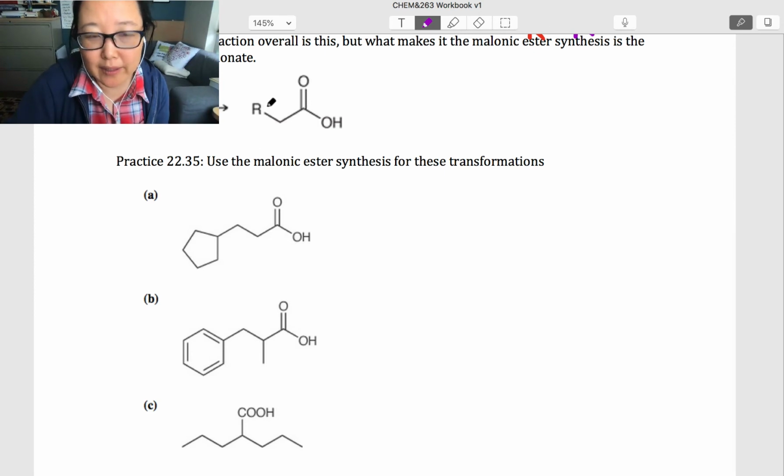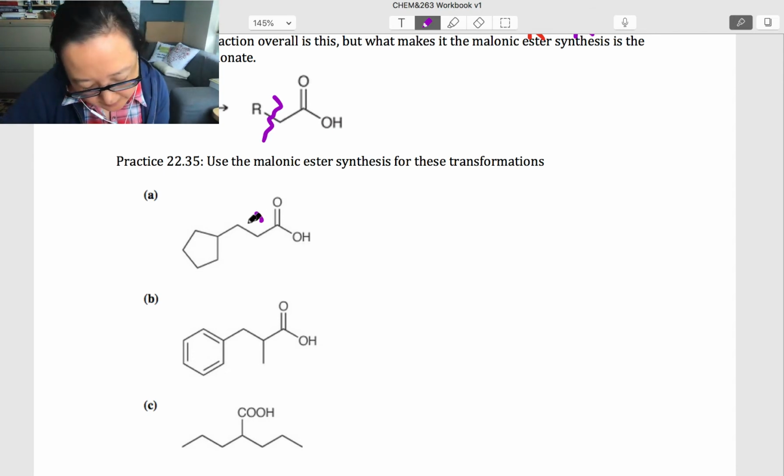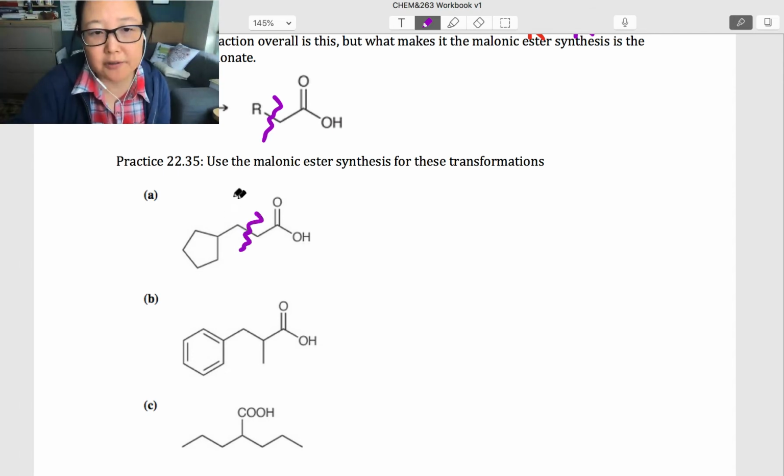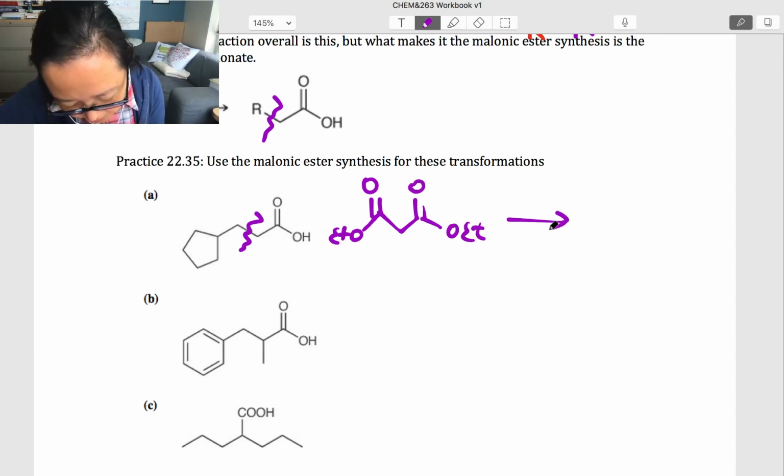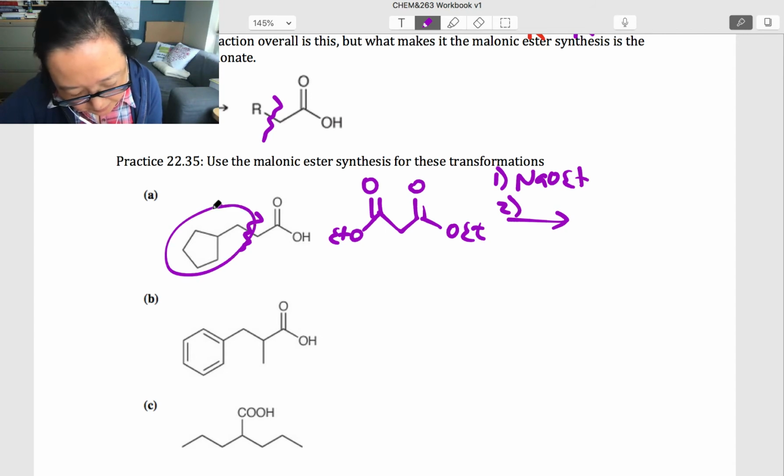We know we're adding an R group to this alpha carbon. So here's my alpha carbon, and I chop that off. This is the R group I'm going to need of my alkyl halide. Just starting with diethyl malonate here, in step 1 I need a strong base to deprotonate this. We usually use sodium ethoxide. Step 2, once I have my enolate, I need this group here, so I'm just going to copy that.